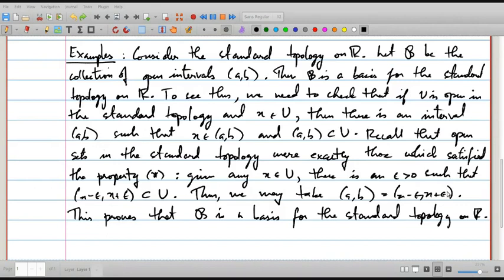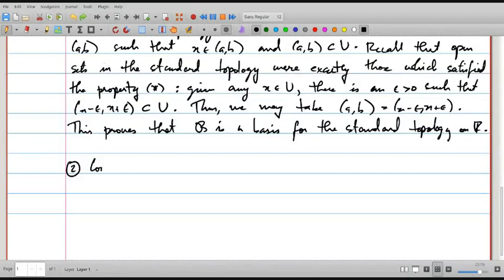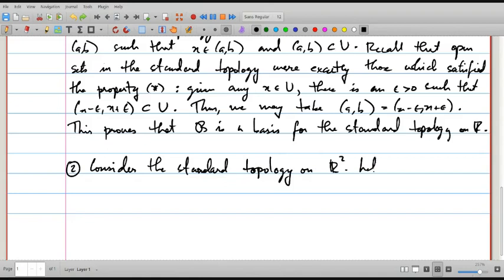So the next example is very similar. Consider the standard topology on R2. And this time, let B be the collection of subsets of the form.